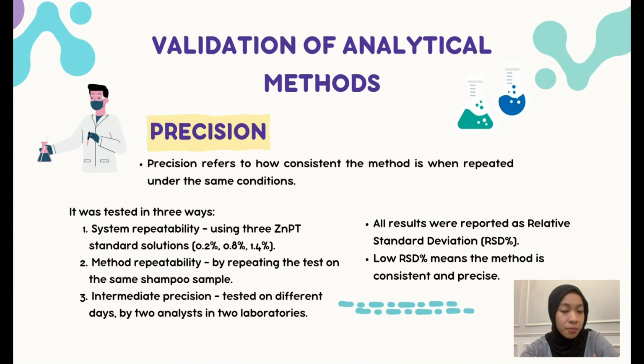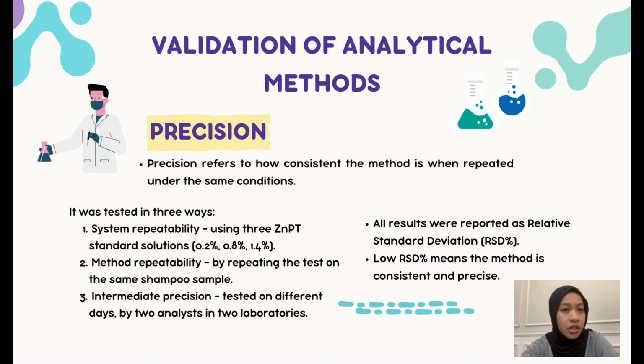Now, let's move to the part of the validation of analytical method. Precision refers to how consistent the results are when the same method is repeated under the same conditions. In this study, precision was evaluated in three ways. First, system repeatability, where 3 standard zinc PT solutions at concentrations of 0.2%, 0.8% and 1.4% were tested.